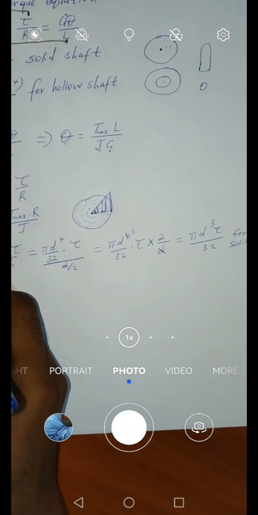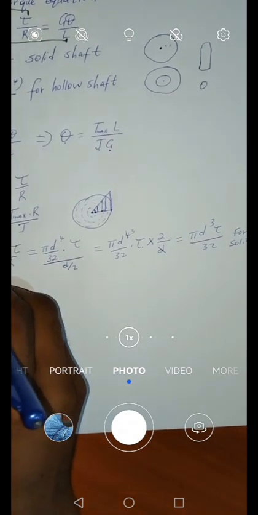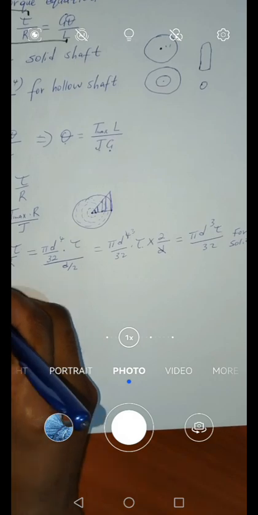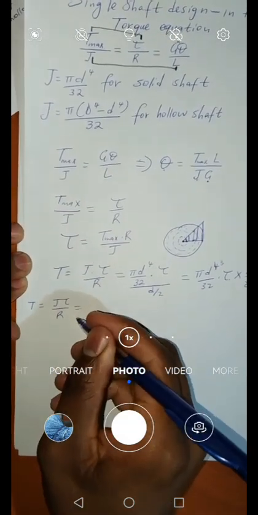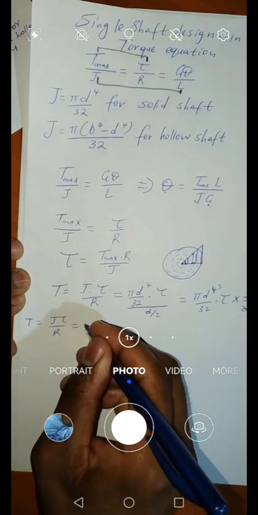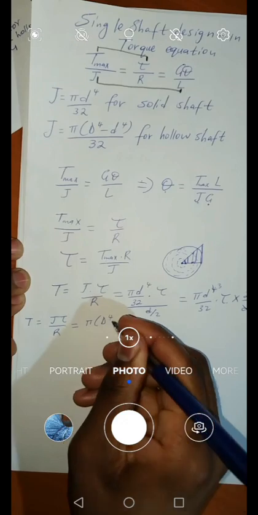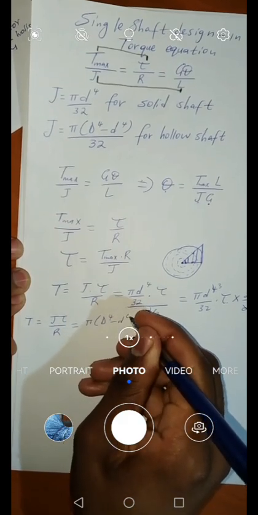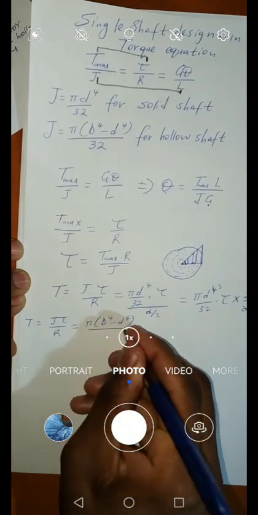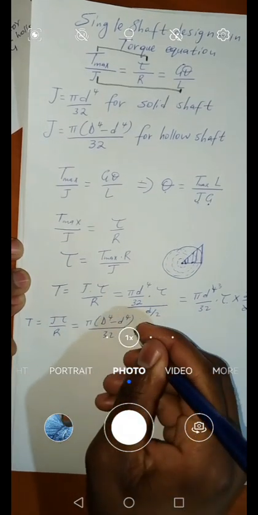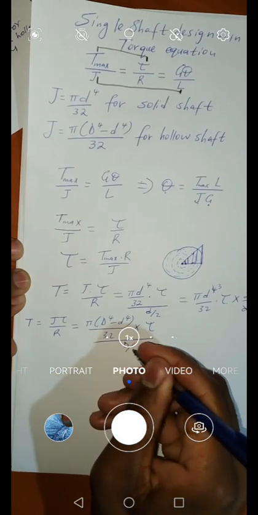Then for a hollow shaft, we use the same formula: J, shear stress over R equals pi d, this part here, over 32 multiplied by shear stress divided by R over 2, which is d over 2.